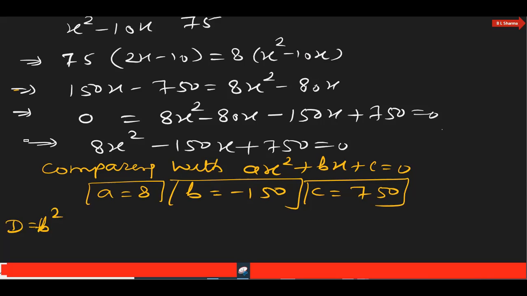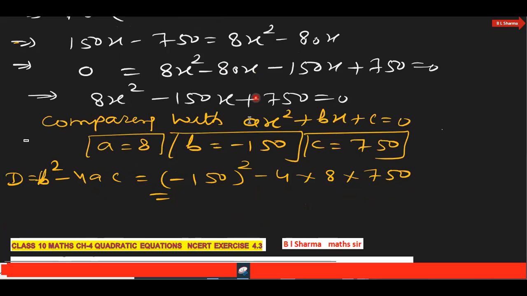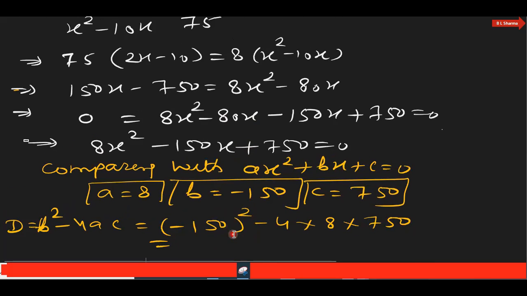ये थोड़ा सा इसका कैलकुलेशन बड़ा है. B square minus 4ac, that is minus 150 whole square minus 4 into 8 into 750. Sorry, B is minus 230, so it will be minus 230 here.